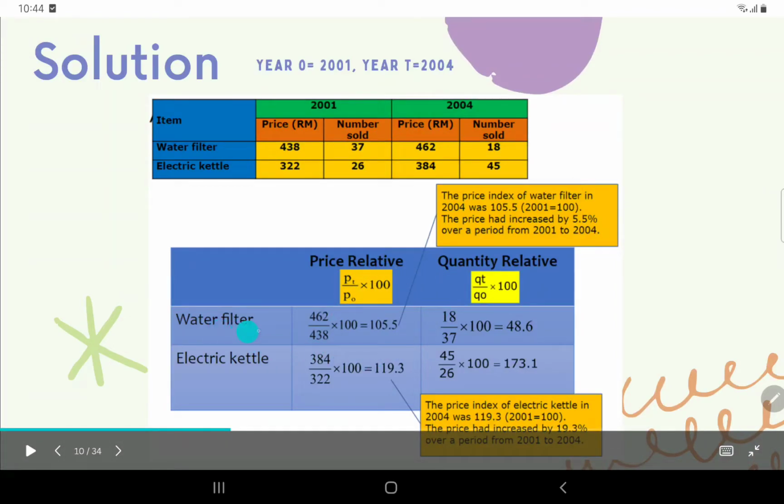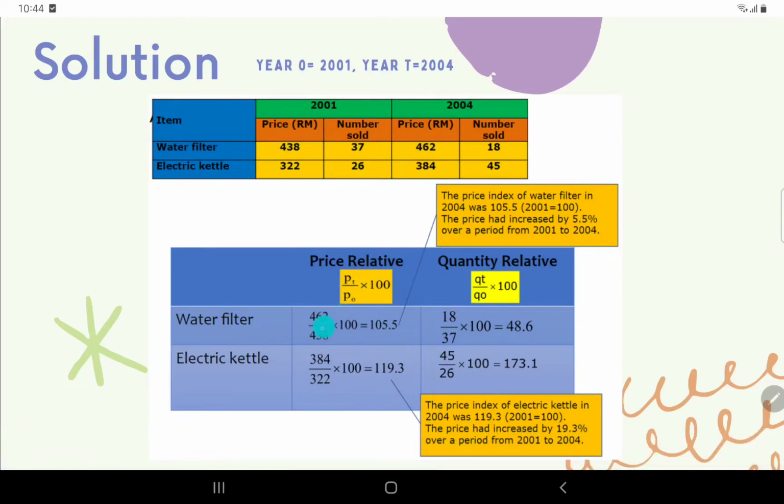So this is the answer. For water filter, the price relative index is 462 divided by 438 times 100. Okay, because 462 is the price for 2004, which is our current year. Price index for current year divided by price index for base year. So our base year is 2001, so here is the price 438, times 100.